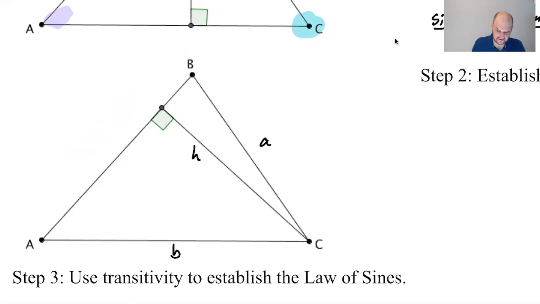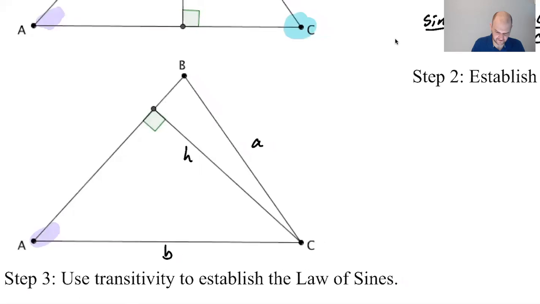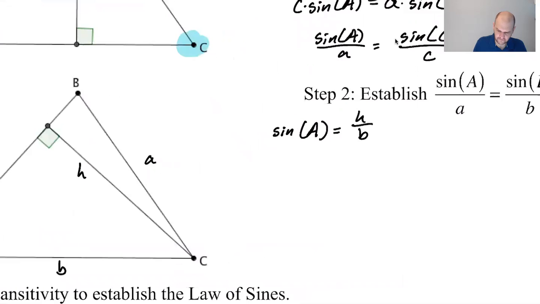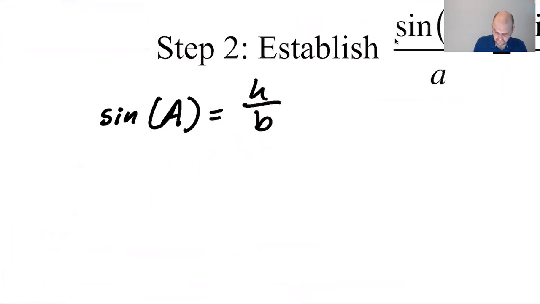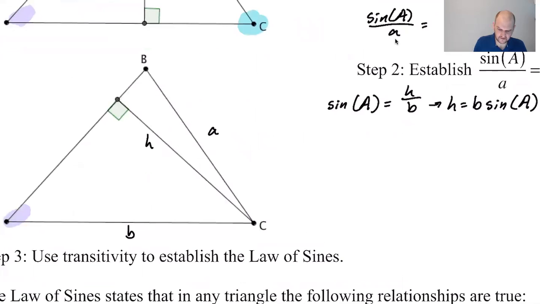Let's focus in first on A again. So in this case, the sine of A is going to be opposite over hypotenuse. So it's H over B. Sine of A is H over B, which means that H is B sine of A. And then we need the other angle.